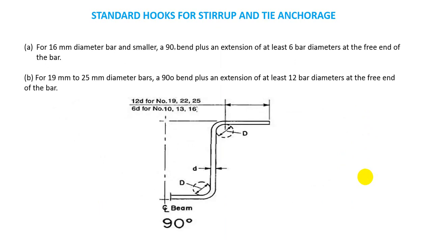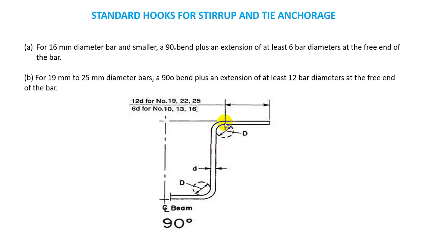First, there are two conditions. For 16 millimeter diameter bars and smaller, that means if we use a stirrup or tie bar of maximum 16 millimeter and less, a 90-degree bend plus an extension of at least 6 bar diameters at the free end of the bar. Suppose here is a 90-degree bend.